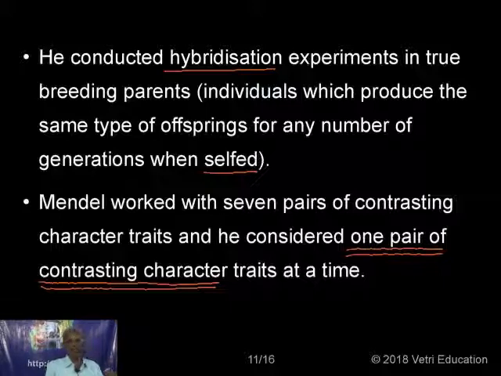Roundness is a shape, and color is color. A color can never be mixed with a shape. This idea he had very clear in his mind, so he never thought that the characters would be mixed. So he mentally worked with the 7 pairs of contrasting characters and considered one pair at a time. That point is very important.